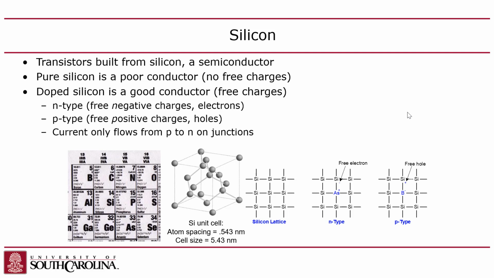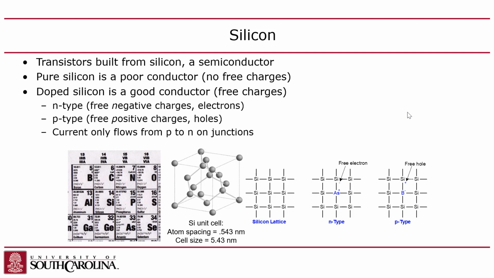The smallest unit of repetition of that structure is called the unit cell. So this is the unit cell. I forget how many atoms are in it, 18 or so atoms, something like that, in the silicon unit cell. Okay, so you get this kind of cool structure.